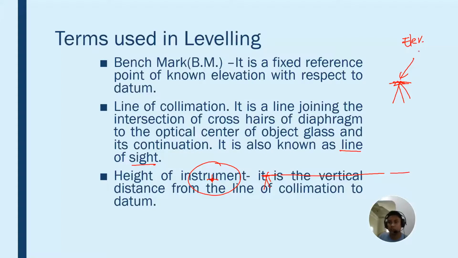Kung saan ko sinet up yung instrument, it is required for me to determine what is the elevation at that point, because it is necessary in solving the elevation for each station that we have to determine.